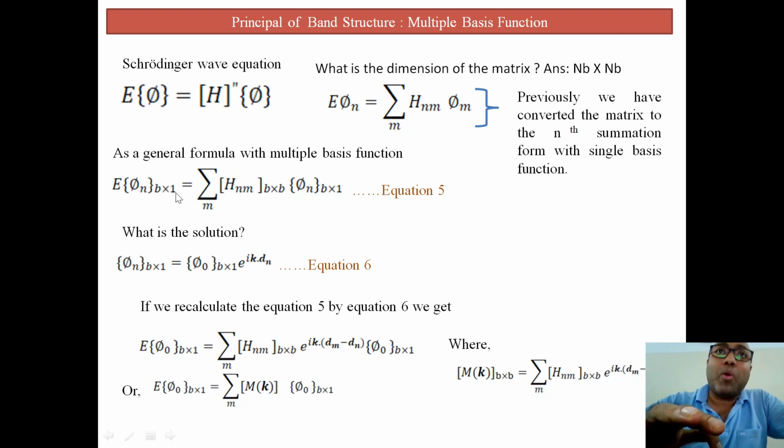So 1 cross 1 means one component, right? If phi 1 is one component, and since we have considered one basis function, b would be 1, so 1 cross 1, meaning only H, M and phi. That means if we have one basis function, which we did last time in several examples, and you put b is equal to 1, you exactly come back to this expression.